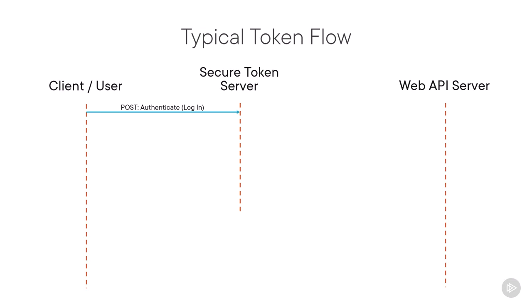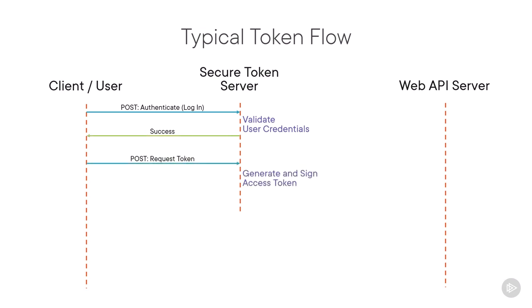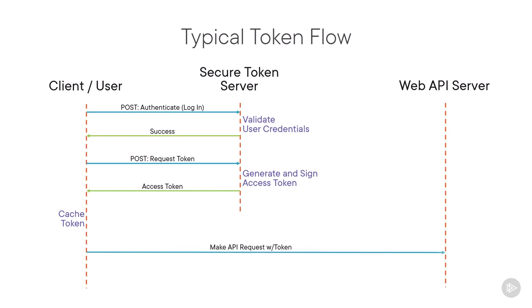Assuming the authentication is successful, the user then will request a token and then receives an access token that includes certain claims that identify the user, such as a user ID. Next, the client will cache the access token for future use, and then attaches it as an authorization header on any request that it makes to a resource server, the Web API server it wants to talk to.